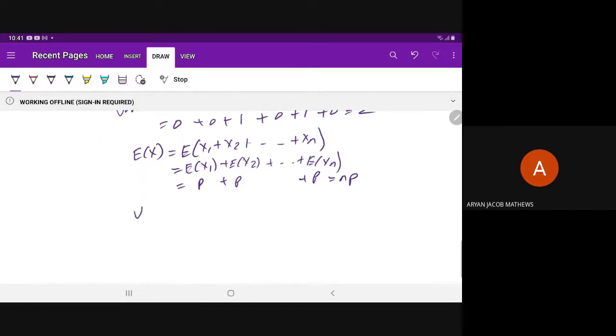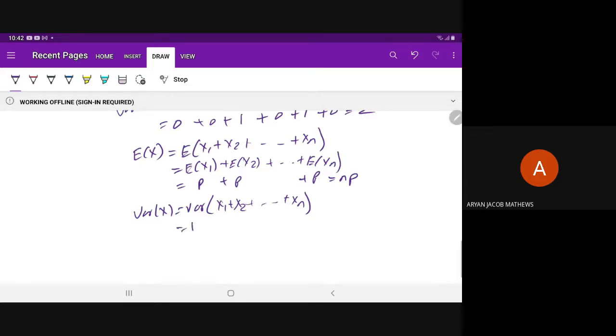Similarly, if you have to compute the variance of X, that is the variance of X1 plus X2 plus Xn, and we know that the variance of the summation of ai Xi is the sum of ai square into the variance of Xi.